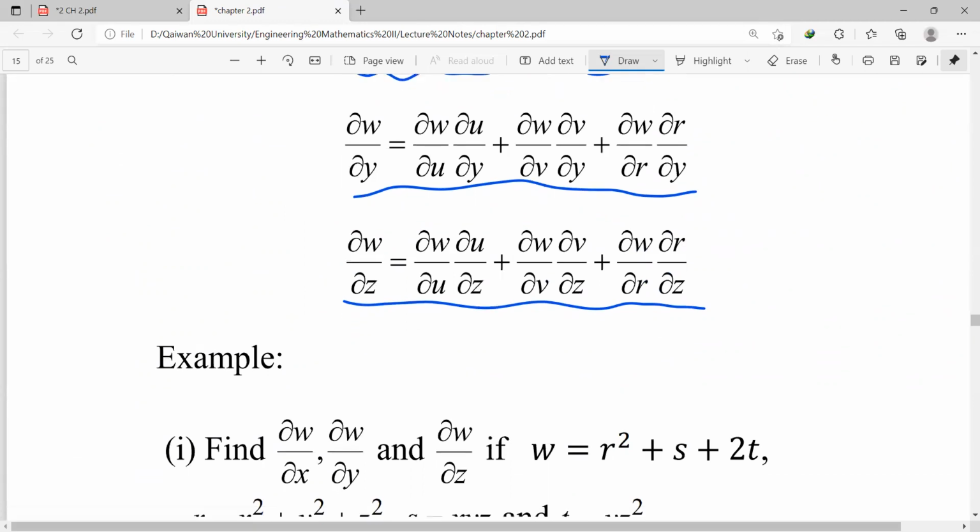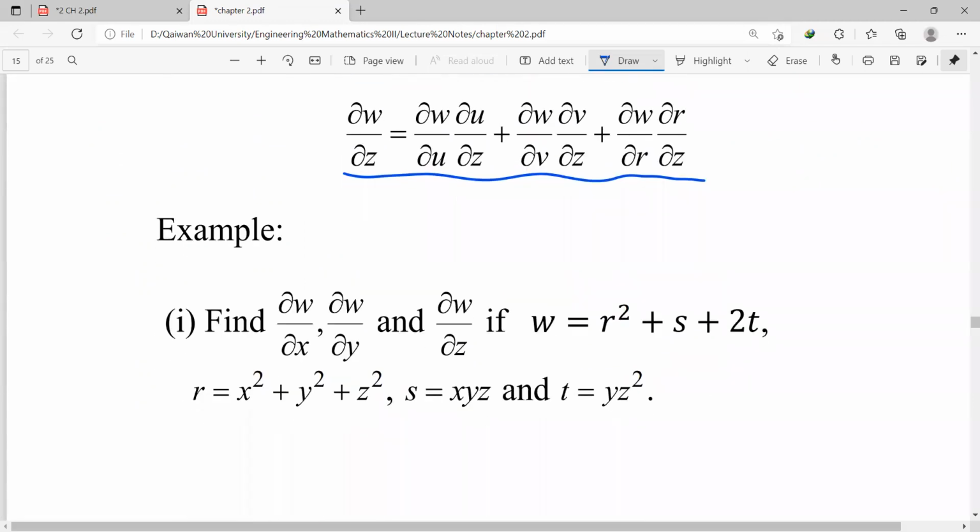Okay, here we should find partial w by partial x, partial w by partial y, and partial w by partial z. Let w be a function of r, s, and t, and each of these variables is a function of x, y, and z.